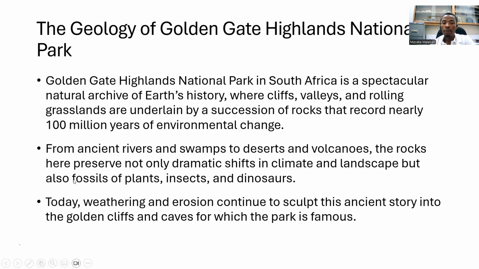The geology of the Golden Gate Highlands Park in South Africa is spectacular. It's a spectacular natural archive of Earth history. It records the Earth history. We see where dinosaurs such as Massospondylus were nesting. We get to see how the differences in grain sizes, and not only grain sizes but differences in hardness, created the cliffs that we see in this geoheritage site.